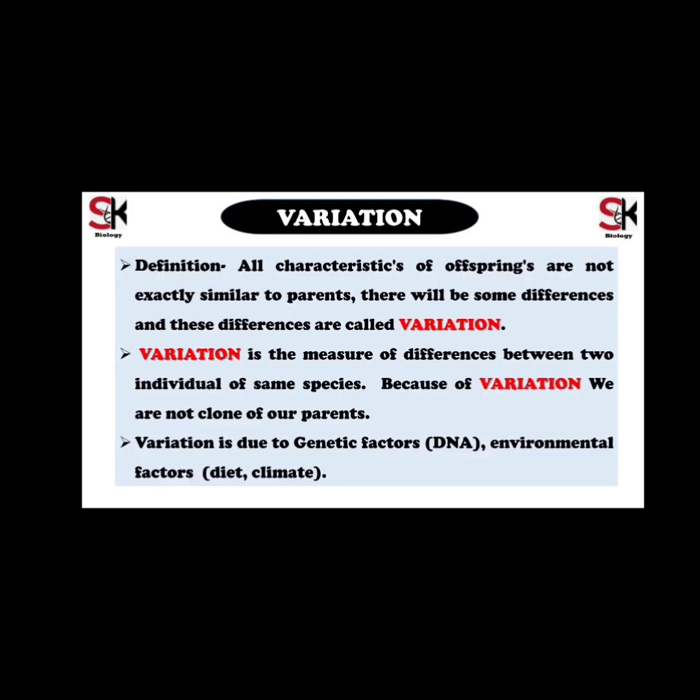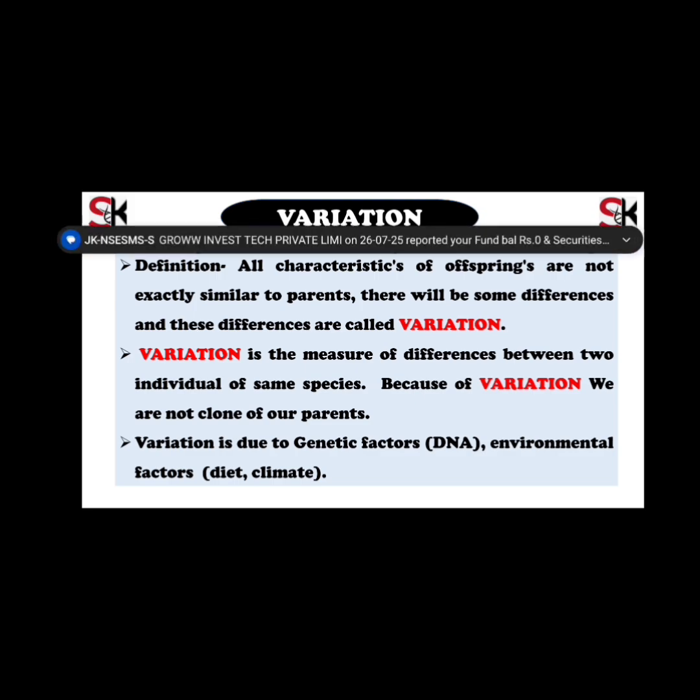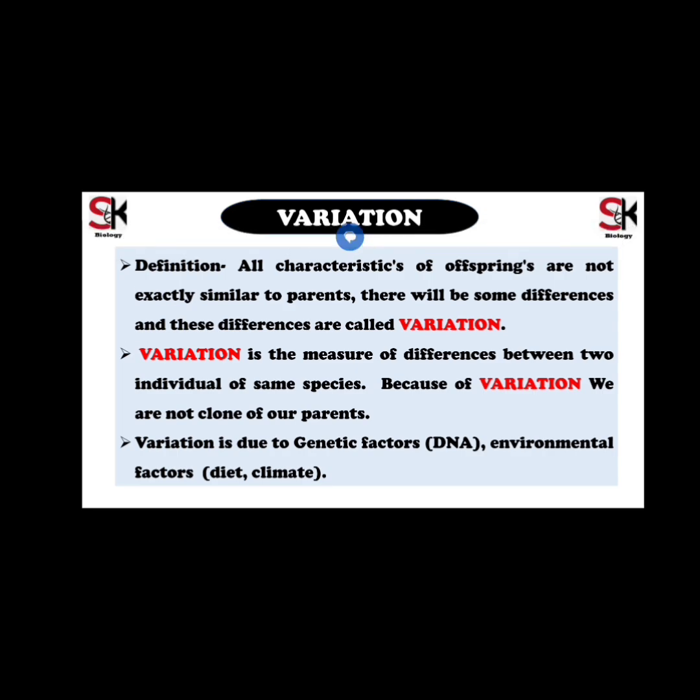There are some differences, and these differences are called variation. Variation is the measure of differences between 2 individuals of the same species. Because of the existence of variation, we are not clones of our parents, that is, we are not exactly like our parents. Mainly 2 factors are responsible for such variations: genetic and environmental factors.